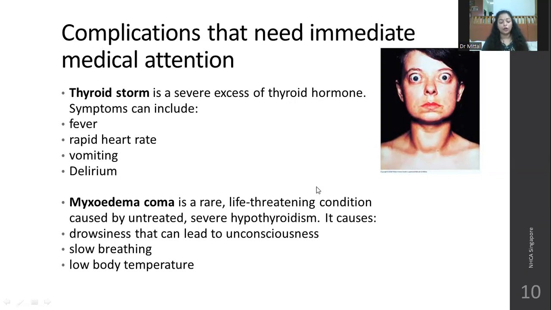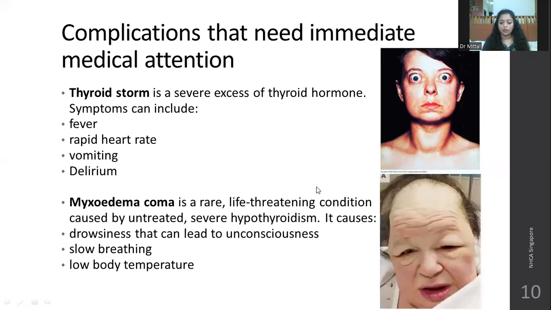Slow breathing and low body temperature occur because the cardiac output falls very rapidly. The peripheral body, the extremities, will become very cold and flaccid, and breathing is slow because the contraction level and respiration count are low. This is the clinical presentation of a myxoedema coma.